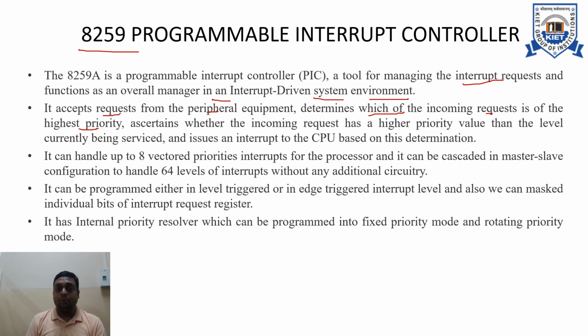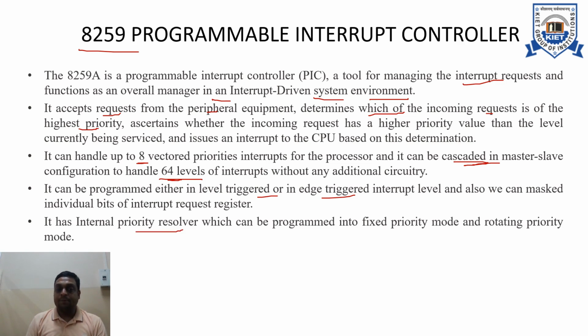It can handle up to 8 vectored priority interrupts, and in cascading mode of 8259, we can handle up to 64 levels of interrupts. It can be programmed for either level triggered or edge triggered interrupts.